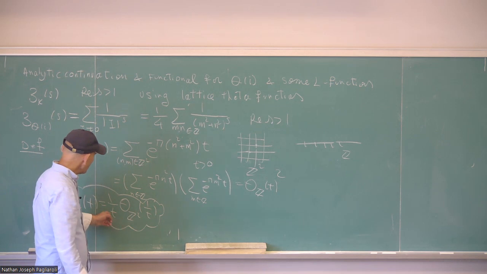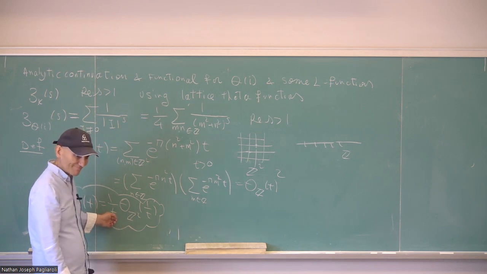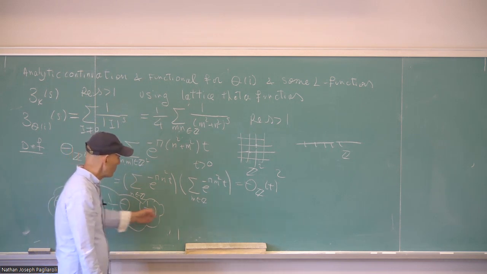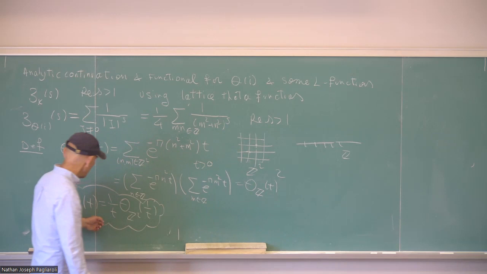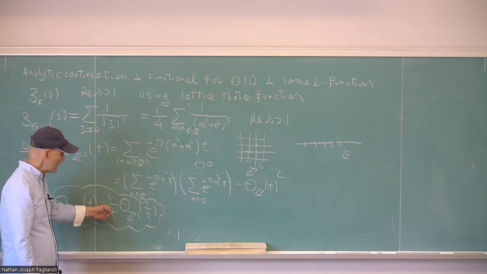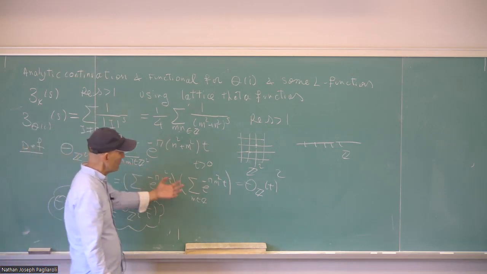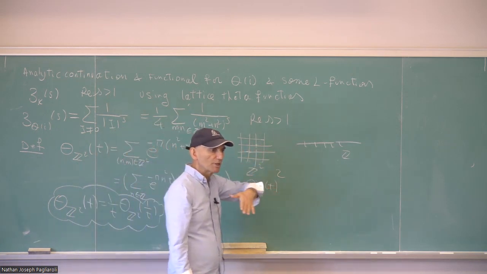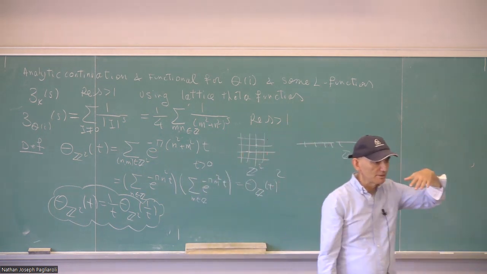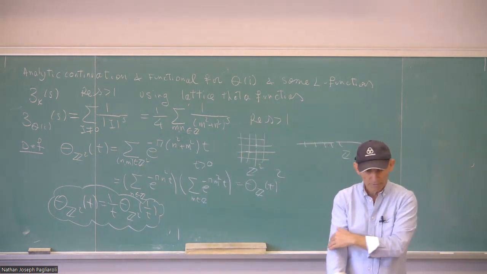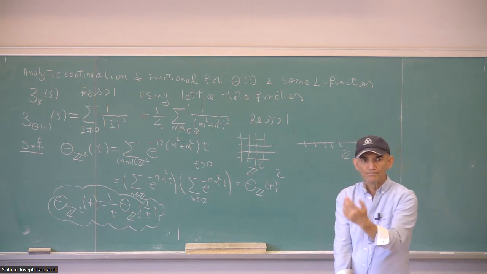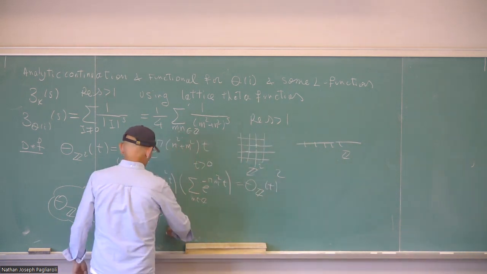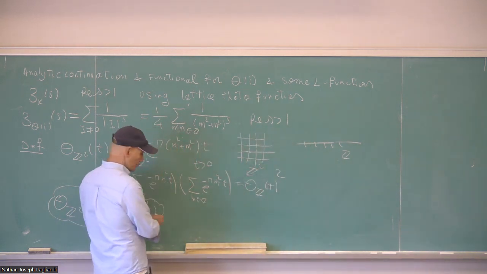We had 1 over square root of t for the usual theta function, but we are multiplying two of them, so we pick up this term now. The reason this is 1 over t has to do with the fact that this is a two-dimensional lattice; the other one was one-dimensional. Each dimension you go, you add a factor of root t in the denominator. Okay, so this is the modular or functional equation for theta Z^2.